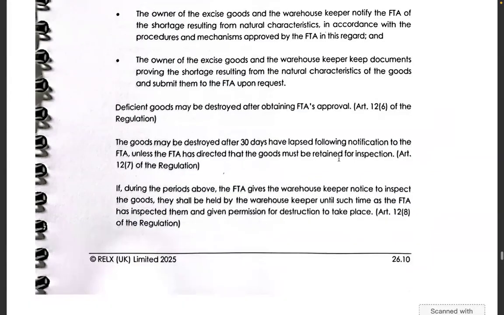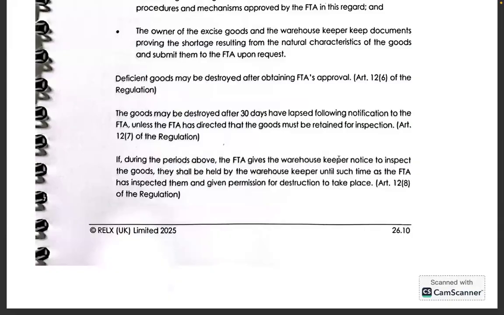Deficient goods may be destroyed after obtaining FTA's approval. So that's basically destruction of those deficient or wastage goods. The goods may be destroyed after 30 days have lapsed following notification to the FTA, unless the FTA has directed that the goods must be retained for inspection. So if notification has been provided and the FTA has not said to retain the goods for inspection, then after 30 days the goods can be destroyed.